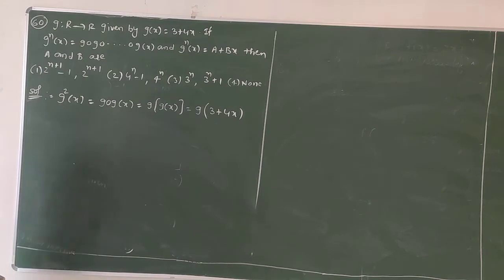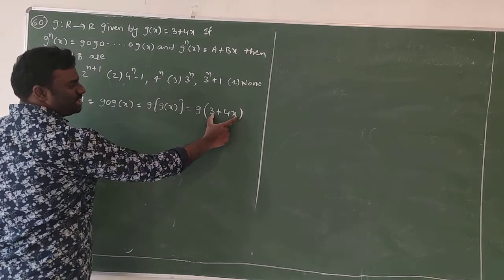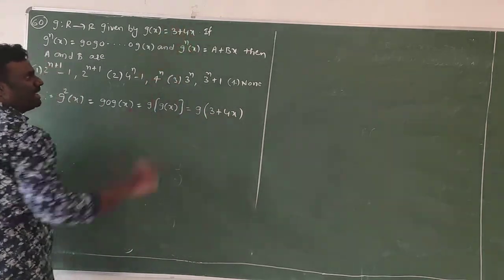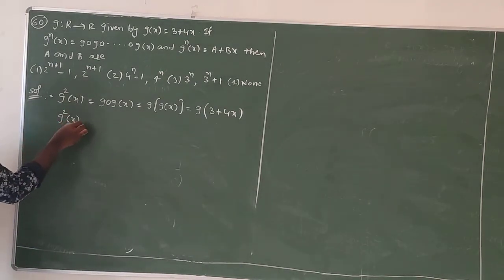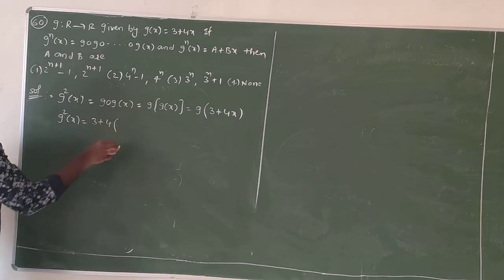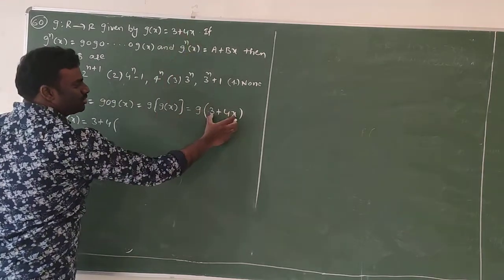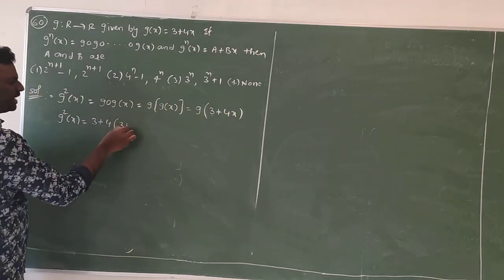So what is the meaning of this step? 3 plus 4x is substituted in g in place of x. Then g square of x is equal to 3 plus 4 into, instead of x we need to substitute 3 plus 4x.